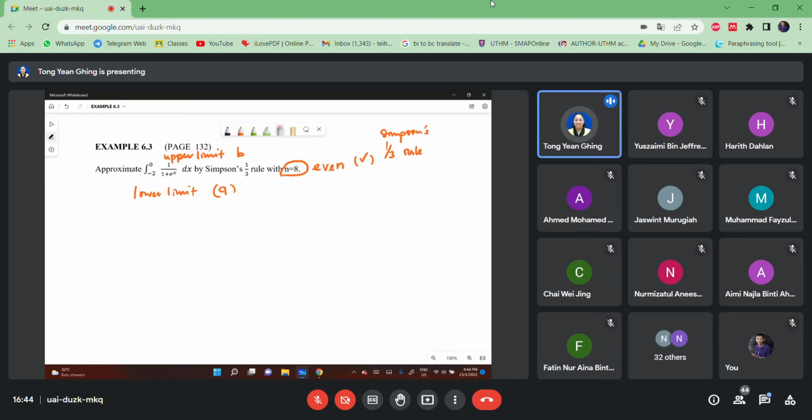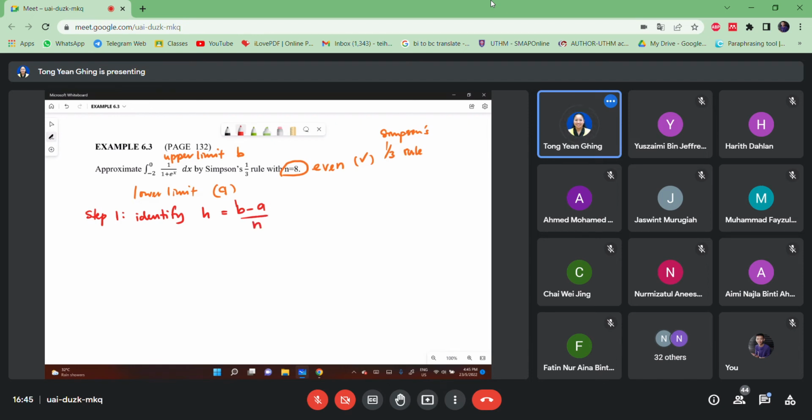So first and foremost, step 1, we have to identify h, the step size. So h is b minus a divided by n.